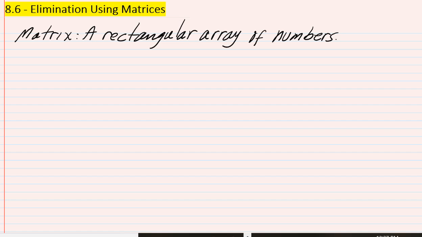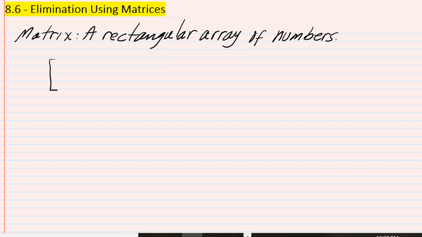Now, first, defining a matrix. What is a matrix? A matrix is simply a rectangular array of numbers. An array here is a listing of numbers. That's all an array is. So we're just going to have a listing of numbers arranged in a rectangular manner. Here's how a matrix would look.